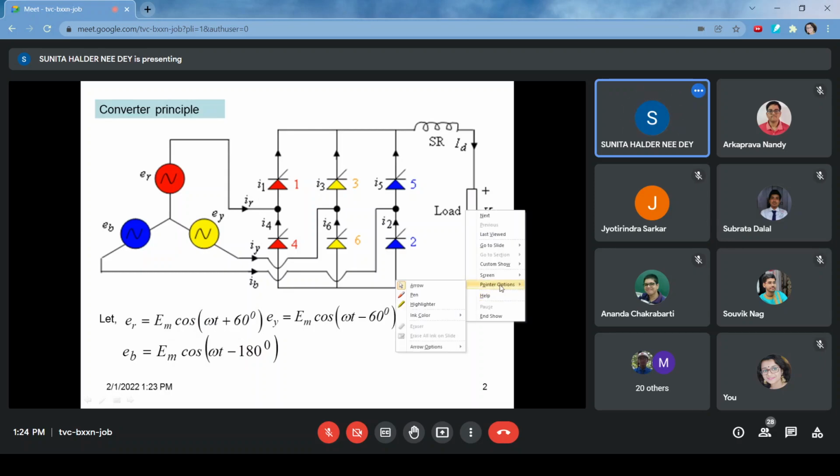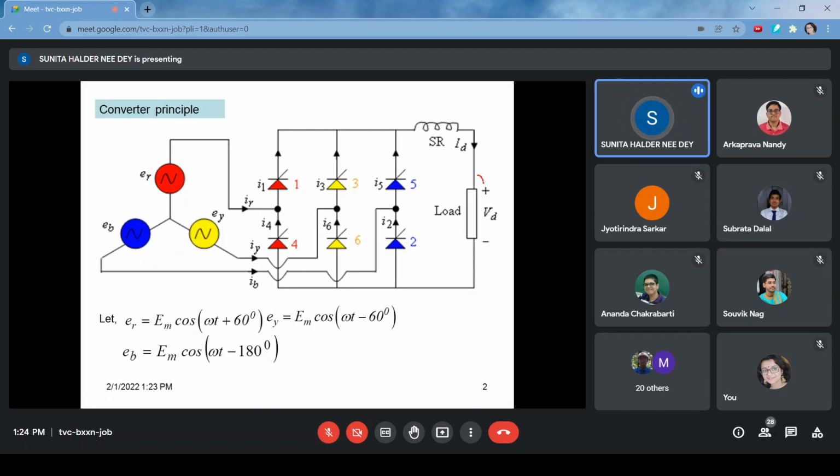Say R phase, for example, then 3 and 5 will automatically be commutated, because opposite voltage will appear across them. At the same time, when R phase is most positive, there is no chance that the negative side thyristor 4 will operate.